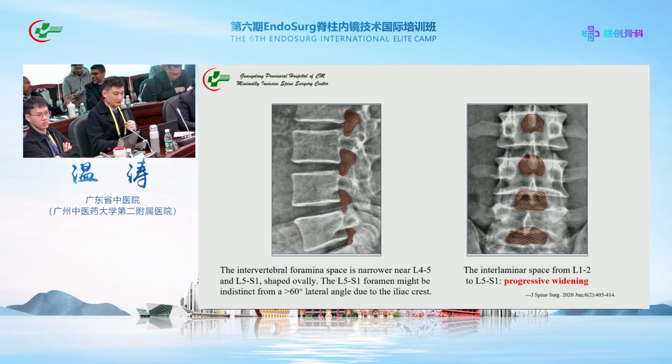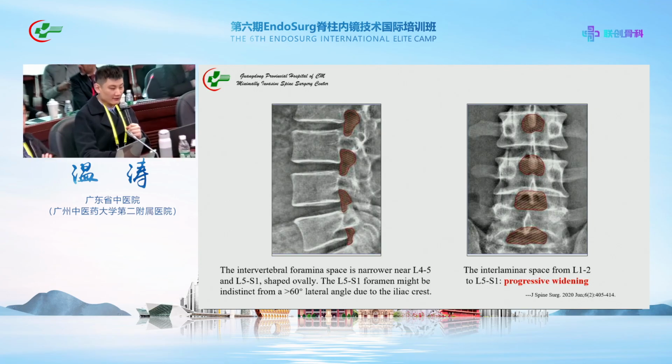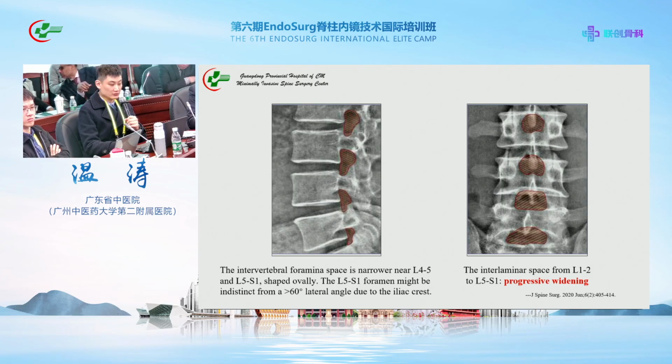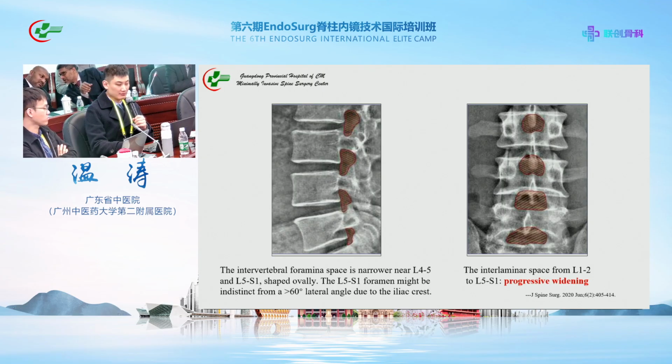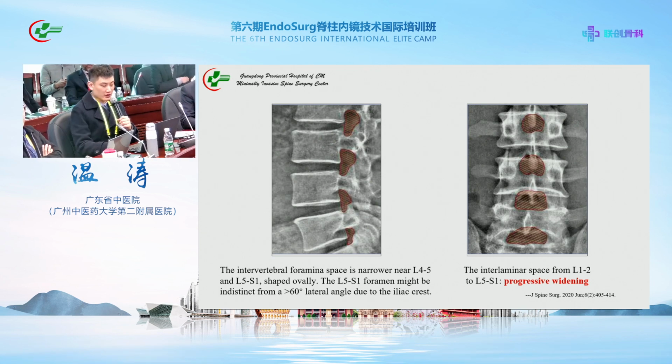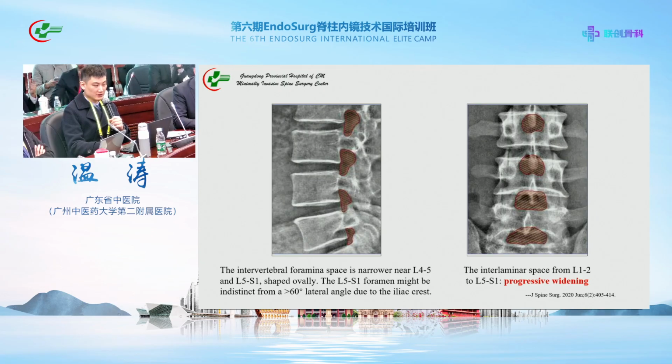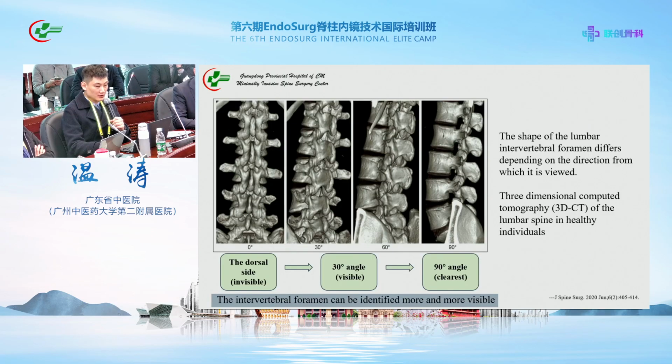From L1 to L5, you can see the foraminal space gets narrower and smaller, but from L1 to L5, the laminar space gets bigger and bigger, and the shape of the intervertebral foramen depends on the different degrees.